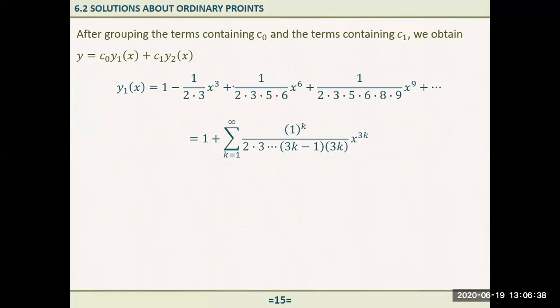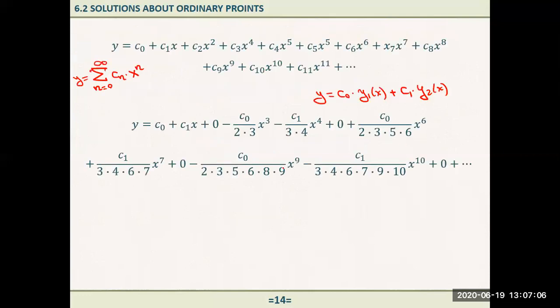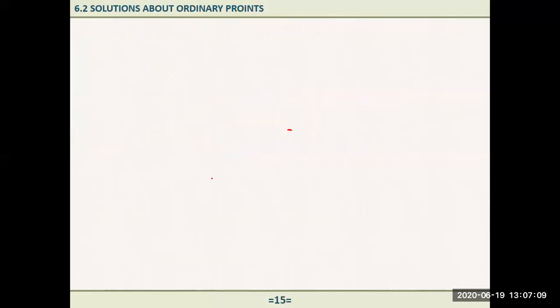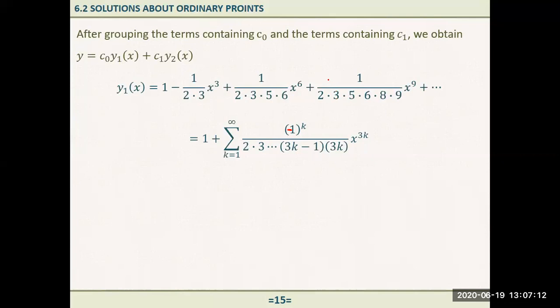If you notice, the signs go minus, plus, and it should be minus 1 to the power k, so we have sigma with the sign changing: minus, plus, minus, plus, minus.